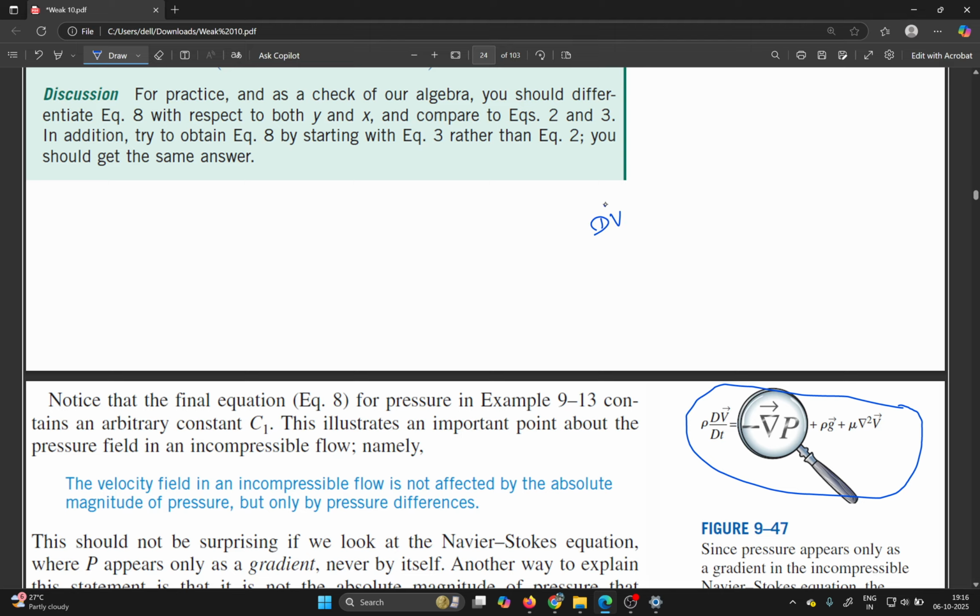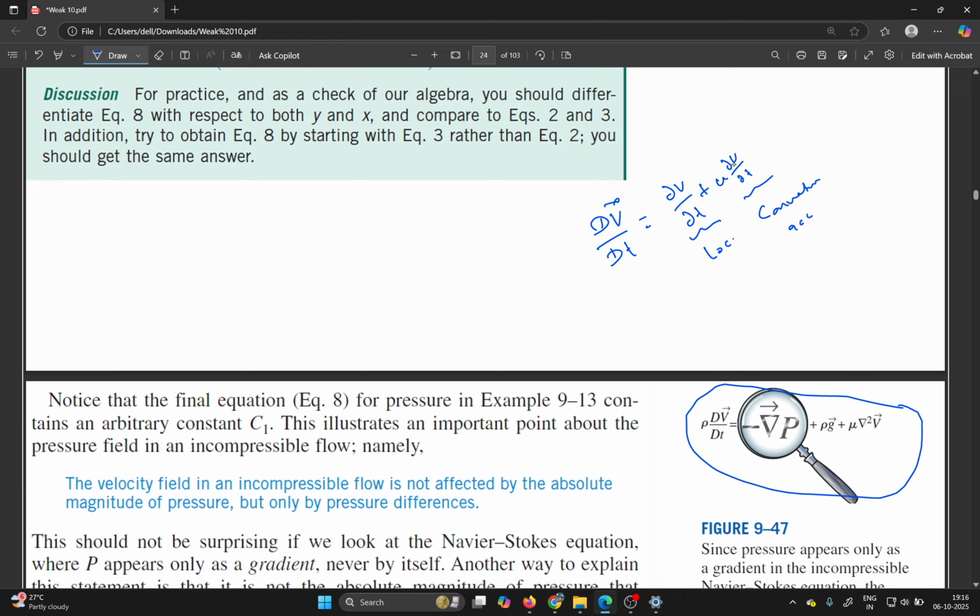So dV/dt you can write as ∂V/∂t plus your convective terms. This is your local acceleration, and here you will get the term of the convective acceleration.